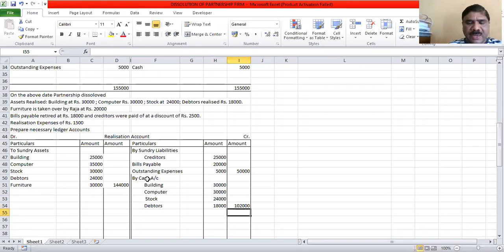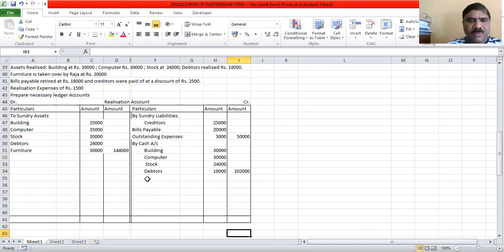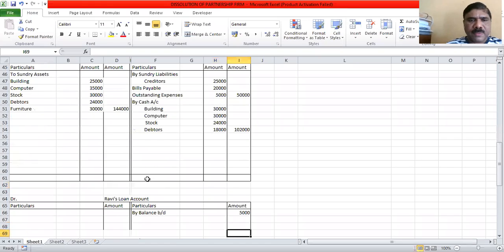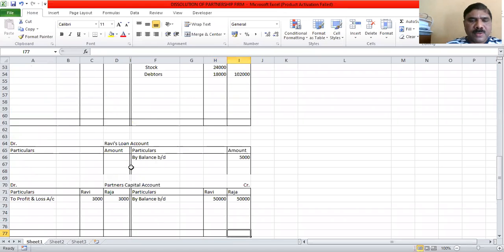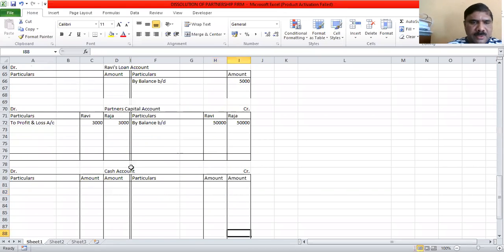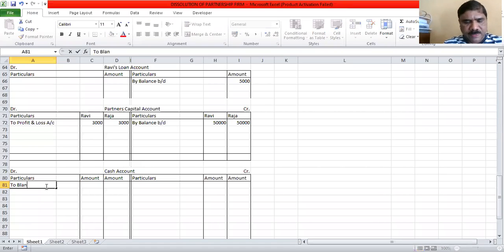Second effect. Every entry will have the second effect. Now where should I go? Cash account, debit side. So first I will write the balance of cash. Cash balance is 5,000.